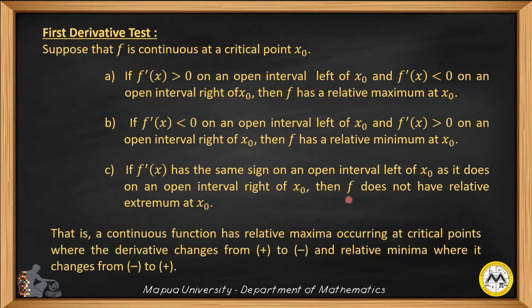Simply stating that if we have a continuous function, then it will have a relative maximum occurring at a critical point whenever the derivative would change from positive to negative, or it will have a relative minimum whenever the change would be from negative to positive, going from left to right of the critical point.